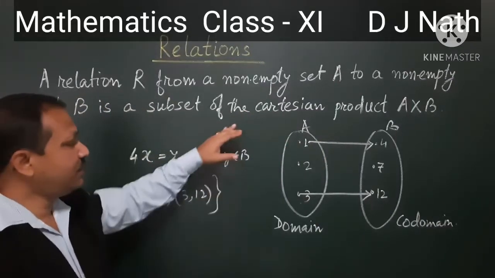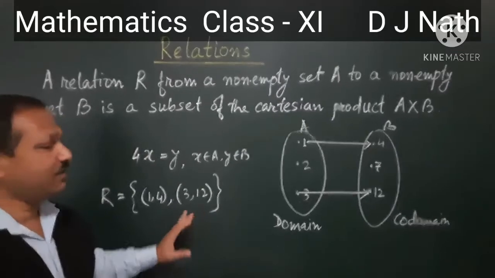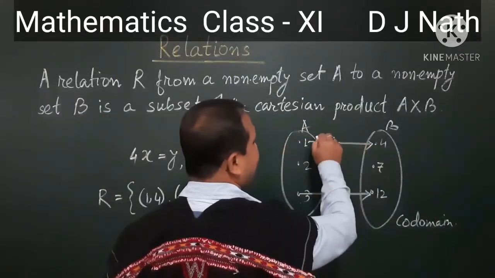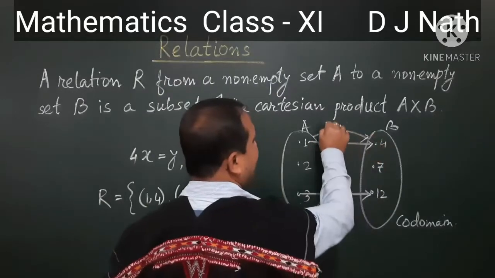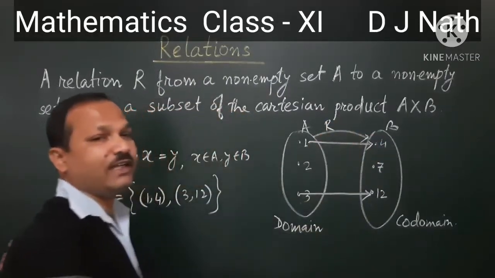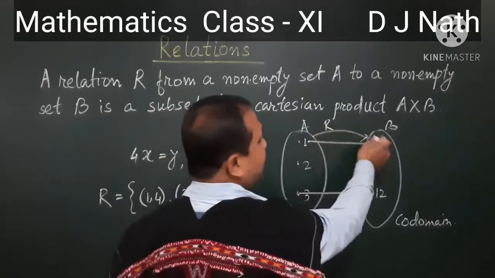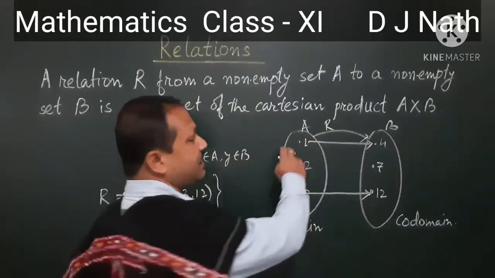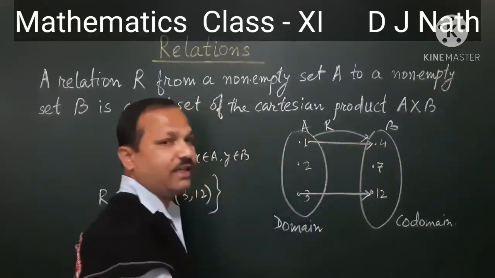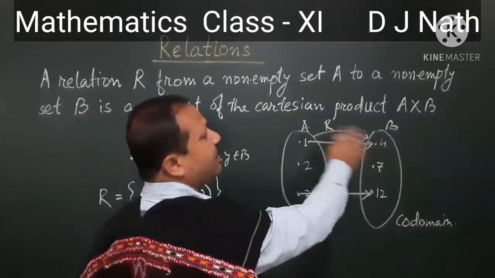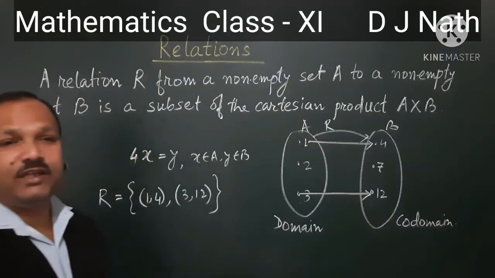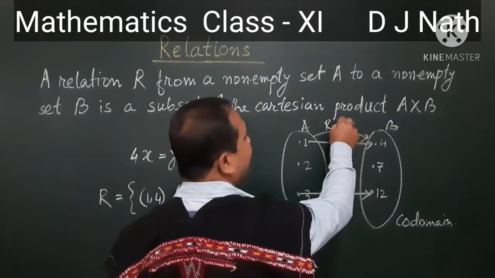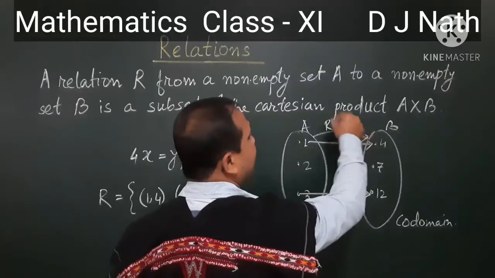Okay? So this is about relation. Now here this way it is relating. So what is that relation? What is that R, which is making a relation between the two sets? There is a bridge between set A and set B. So what is that? It is 4x equal to y.